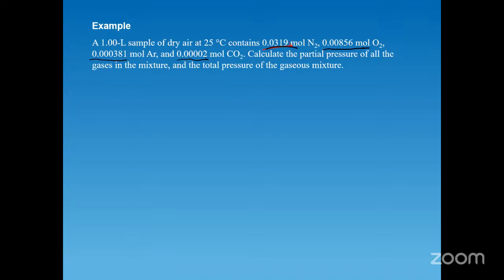So the question is asking you to calculate the partial pressure of all the gases in the mixture and the total pressure of the gaseous mixture, right? So basically, you're going to use the same equation that we used before.